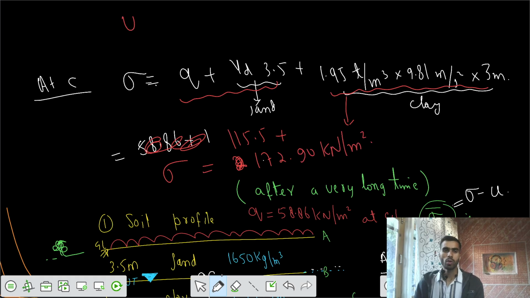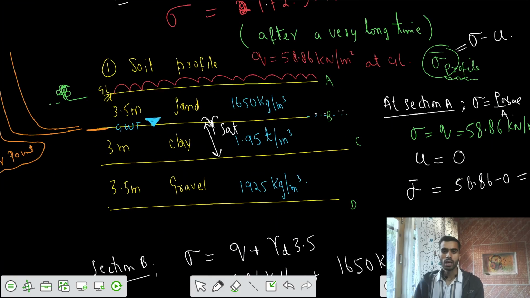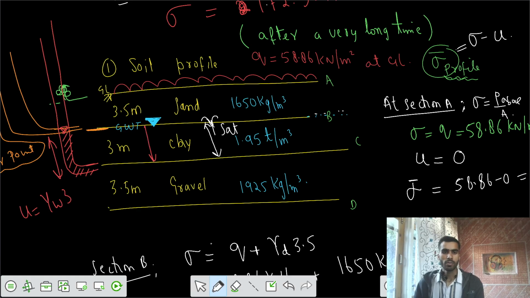And the pore water pressure at the point C: if you insert the piezometer at this level, you would have the rise of water up to the level of the groundwater table. So the pore water pressure is gamma W into the height of 3 meters, which is the elevation difference between that point and the groundwater table.